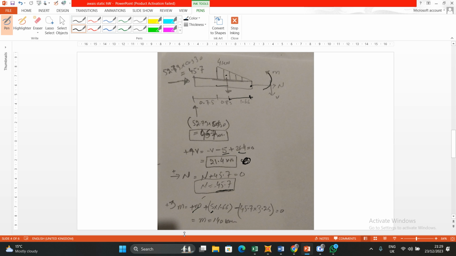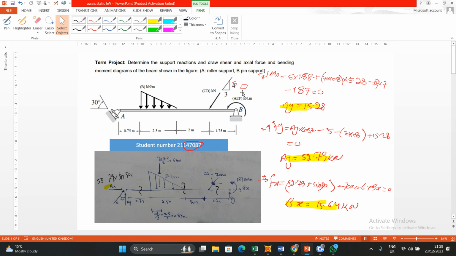Here you can see the other force, which is the support going up, so it's negative, and we find 140. This is the moment at this distance. We don't have other EUL or EUDL forces, so this is directly pointing down, and then this will be negative, and the support is going up.